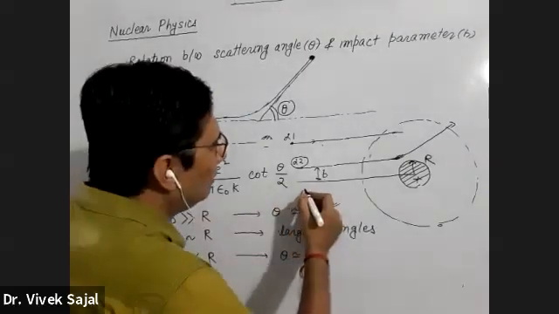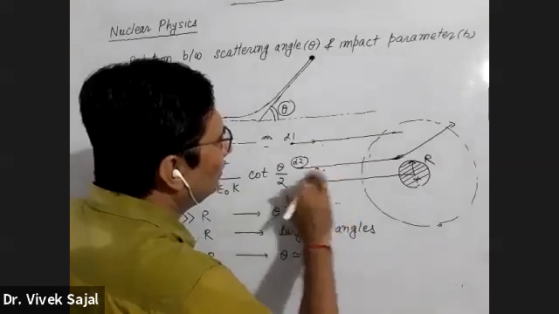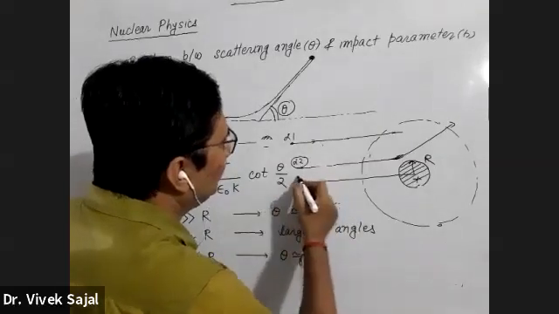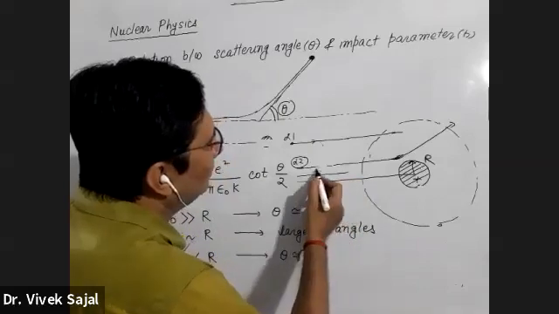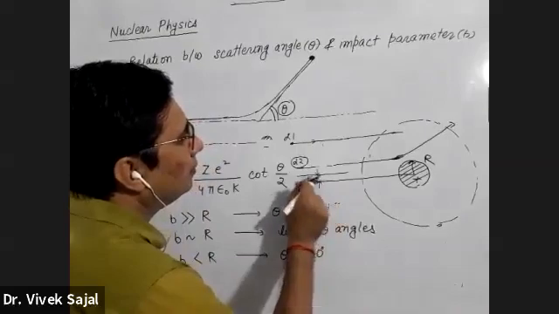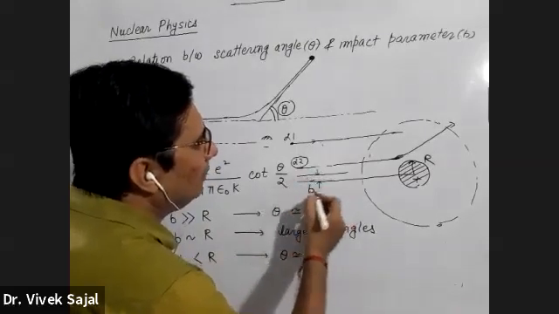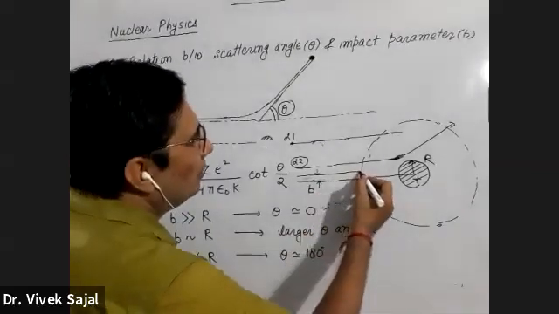But when the alpha particle is passing very close to the line of action, then this separation is B. And when this B is less than R, what will happen?